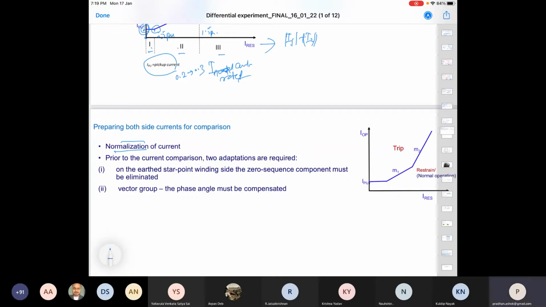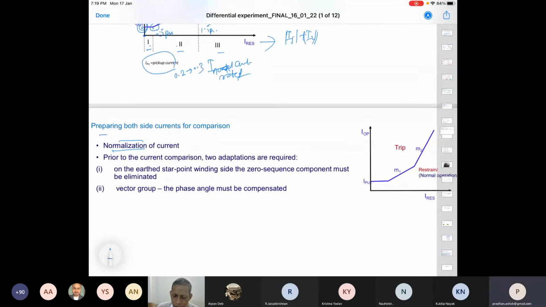So what we say here is that there are three things in the processing of the current. We are talking about a 3-phase transformer, and in a numerical relay, what are the steps to be followed? Different kinds of issues, like I can tell you.